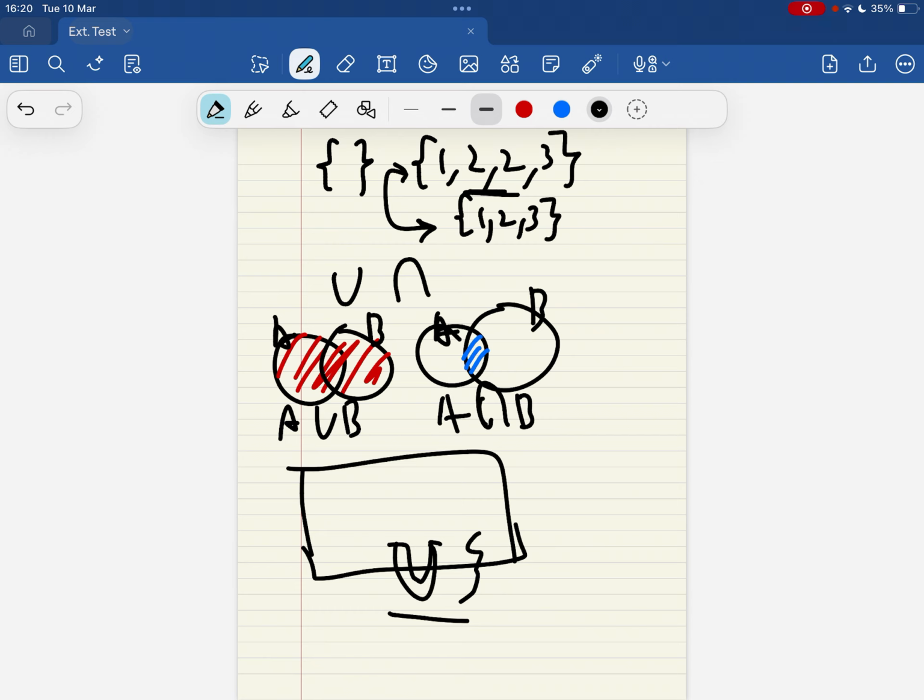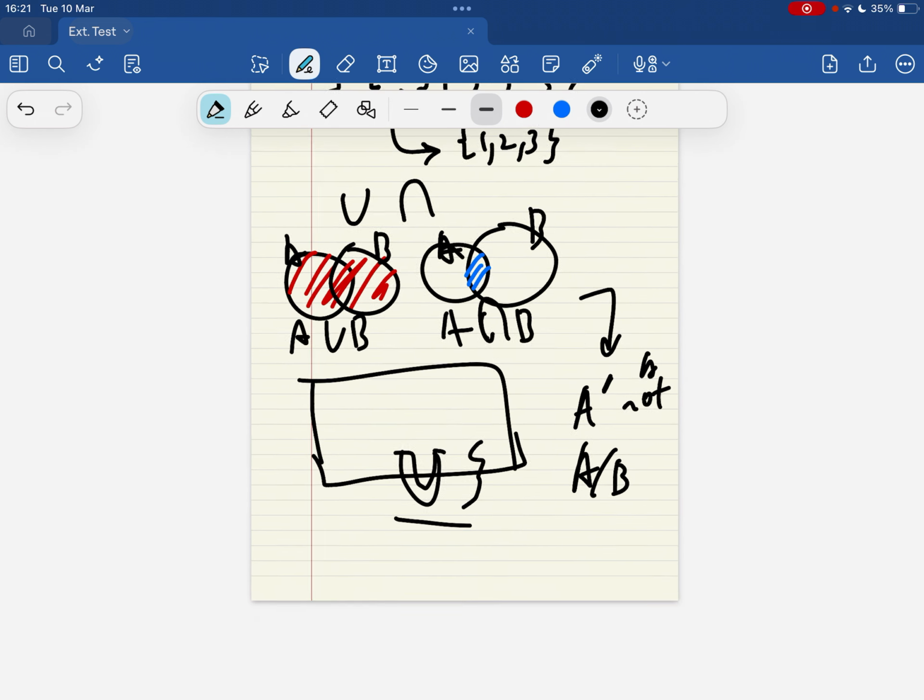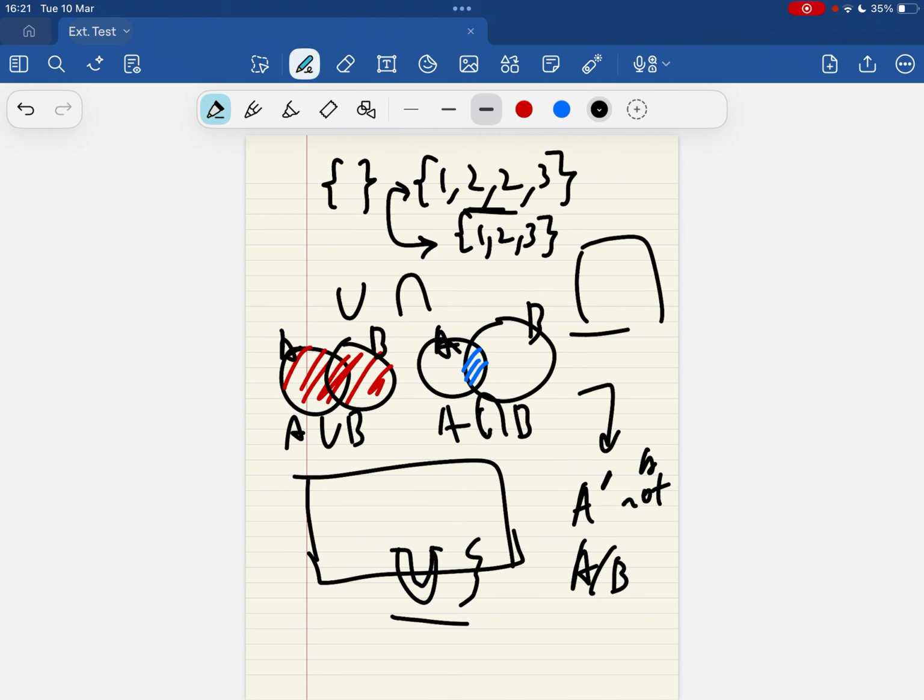And then rare notations include prime and slash. Prime is read as not, or A prime. Basically, that means outside of A, but in the universal set. So if this were A, this outside area would all be A prime, A not.